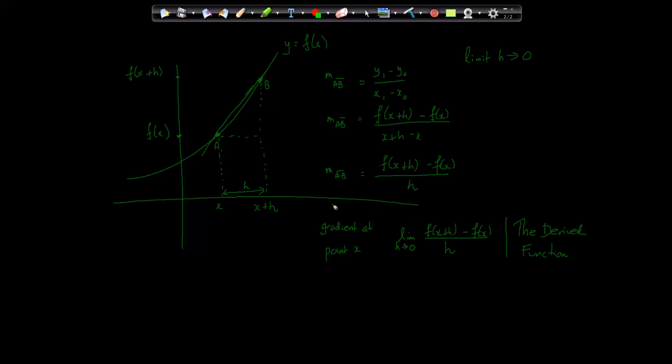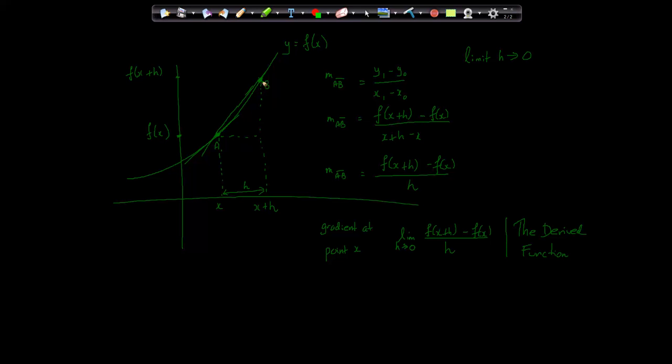Okay, so we'll explore this more with some examples tomorrow. It would be perhaps worthwhile having another look at this, especially the idea of how we get the slope of this straight line joining A and B equal to the slope of the curve at point A, which is that tangent line.